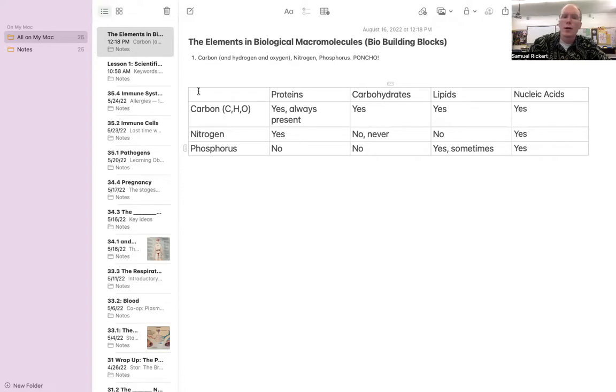Notice, all of them have carbon. Where does that carbon come from? Well, we could talk about the carbon cycle, which we'll get into more in second semester when we talk about ecology. But ultimately, that carbon came into your body because of carbon fixation done by autotrophs. You then ate as a consumer.